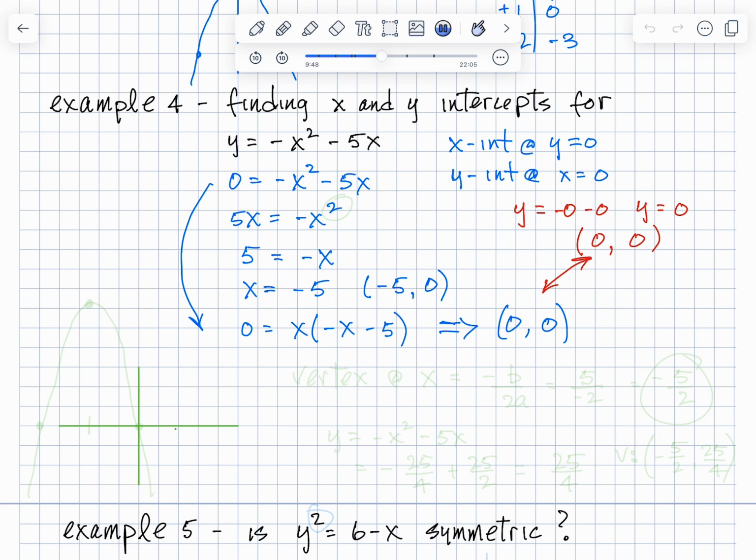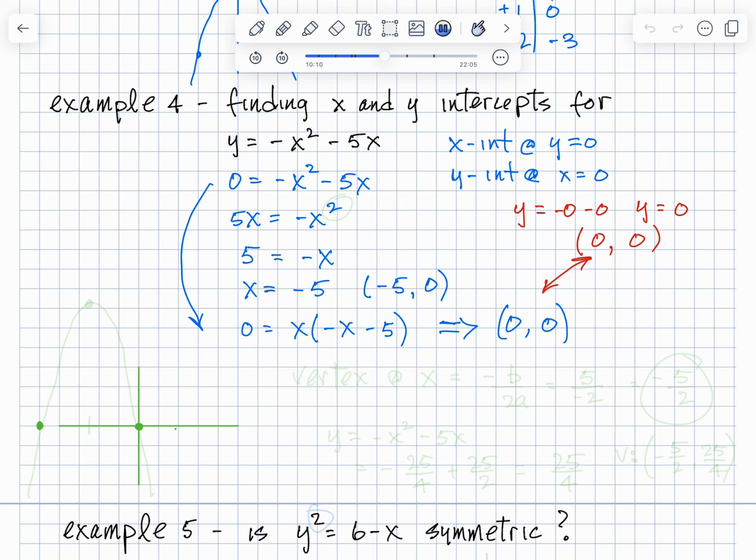So (0, 0) is a point on the curve. (-5, 0) is another. (-5, 0) is right here. The thing is, we don't know what the curve looks like in between, so we have to do a little more work.